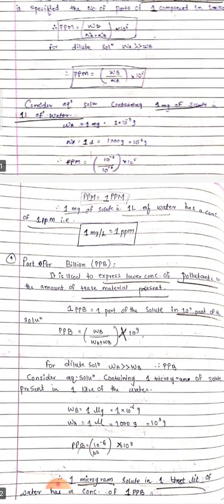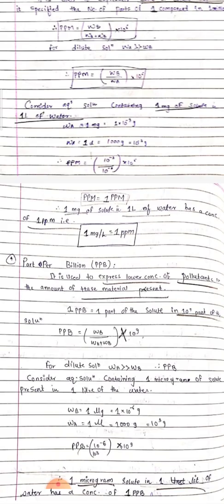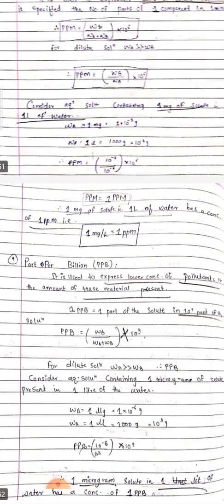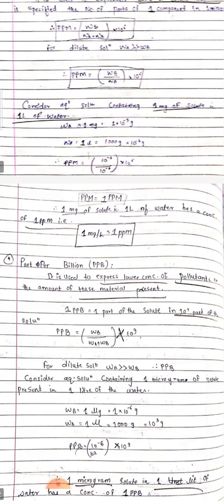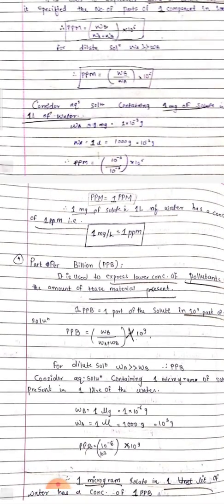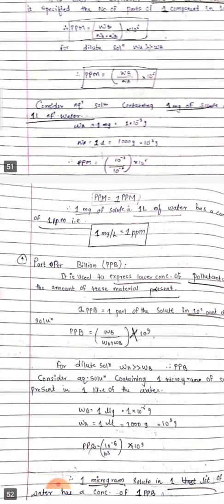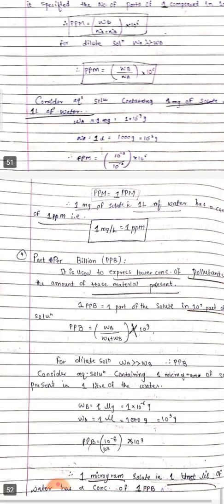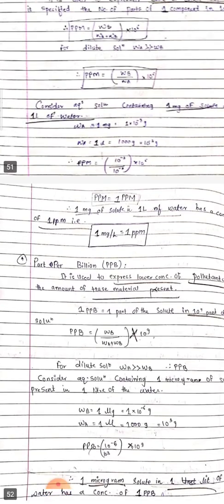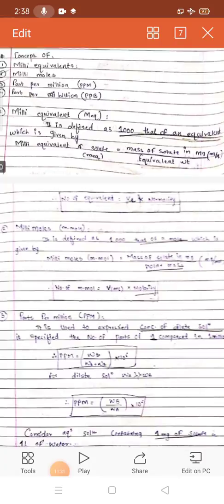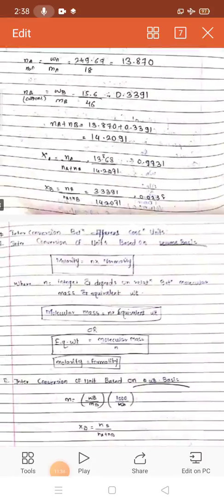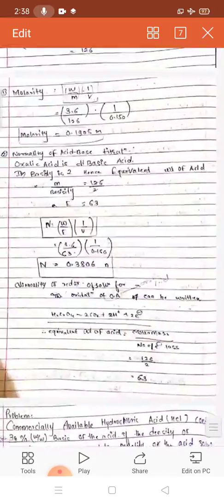You can do this same, then you will get the same equation here. 1 microgram of the solute in 1 liter of the water or solution has a concentration of 1 ppb. That you have to remember because it comes for the MCQ. MCQ will be based on this ppb, ppm and all these things. Please go through this part well. Okay, MCQ will be there based on this topic.